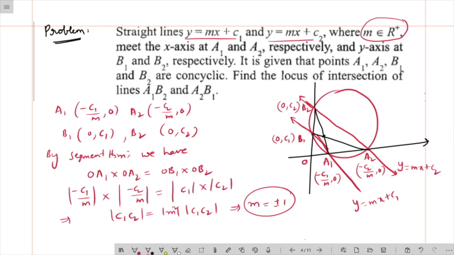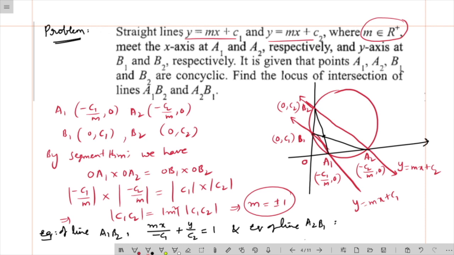Let me write the equation of line A1B2: mx/(-c1) + y/c2 = 1, and the equation of line A2B1: mx/(-c2) + y/c1 = 1.